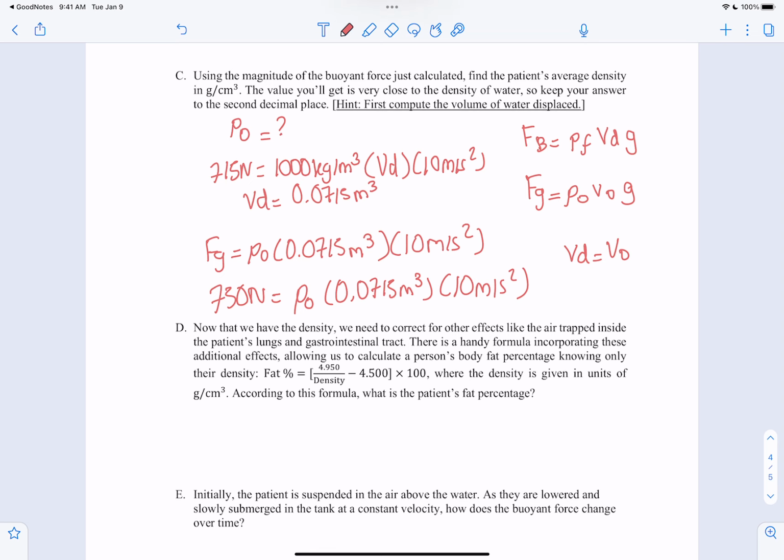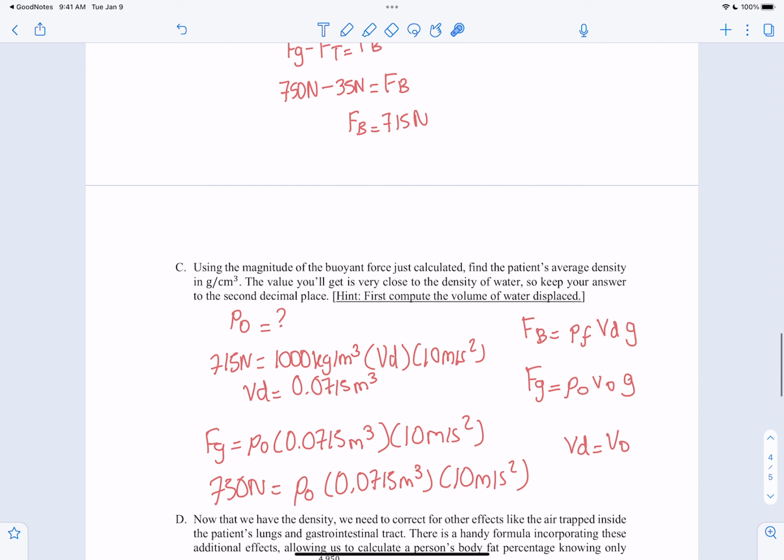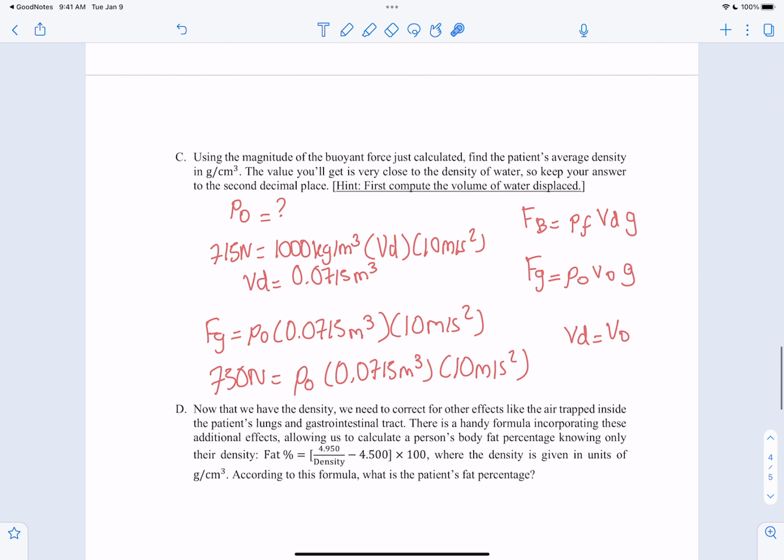Does that make sense overall? The idea here is that first you have to realize, okay, I want to figure out what the density of the object is. What kind of equation helps me relate the density of the object to these other forces that I have? Because I know what the buoyancy force is, for example. I know what my weight is.